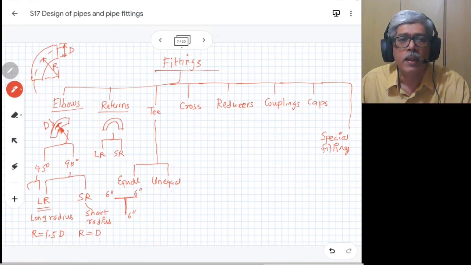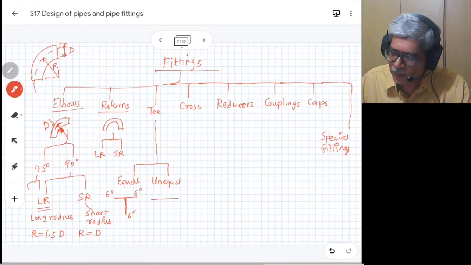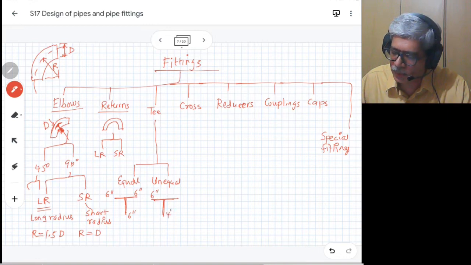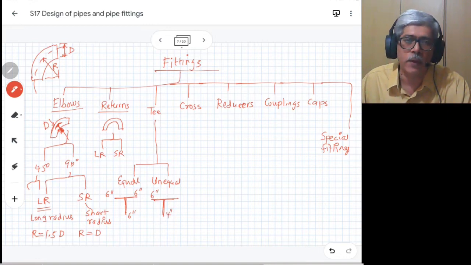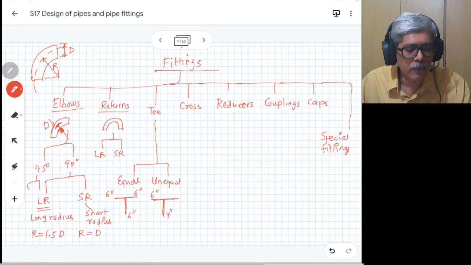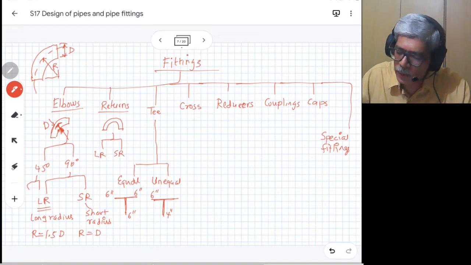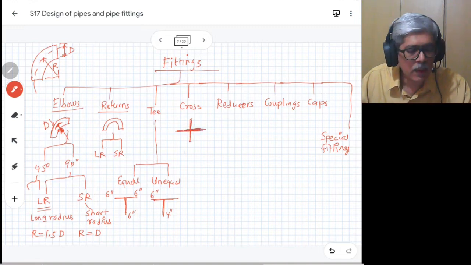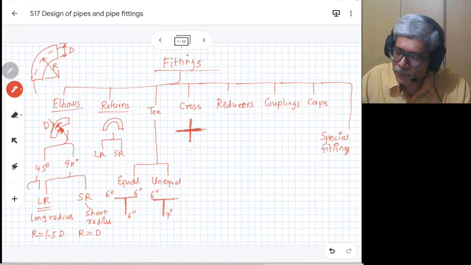It is known as an equal T. And if you have a T joint where the main branch is 6 inches and other branch is shorter than that or a different size, 4 inches for example, it is known as unequal T. Then you have the cross. So cross is four-way joint. So this is the cross, which can be again equal or unequal.